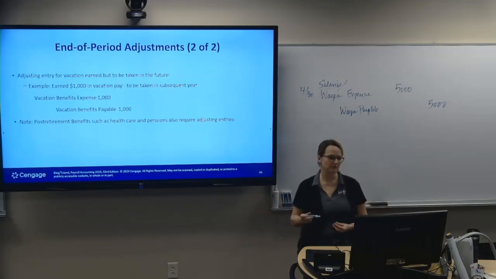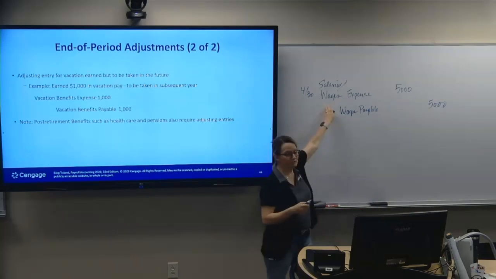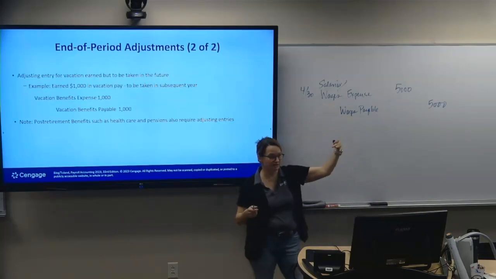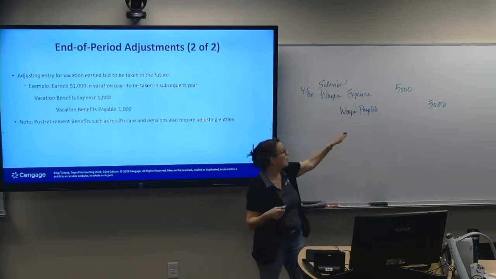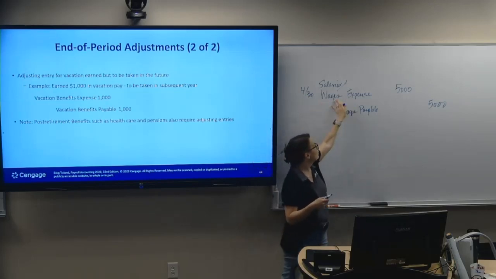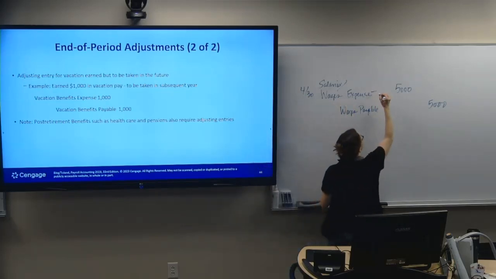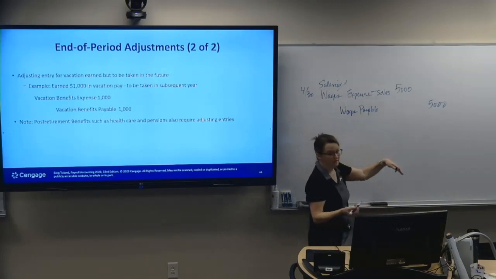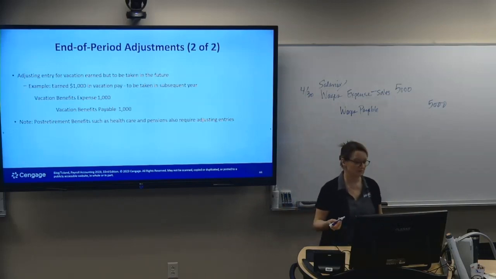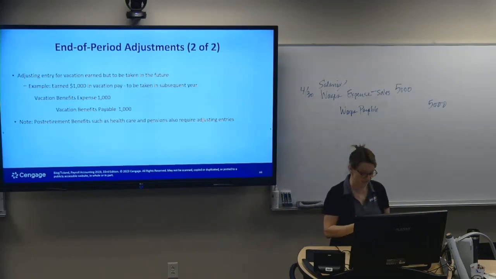But you could use either one. Like I said, those account names are just going to vary from organization to organization, what they want to call them. So we may have wages expense, sales department wages expense, purchasing wages expense, so that we can get more specific information about what the departments are spending.